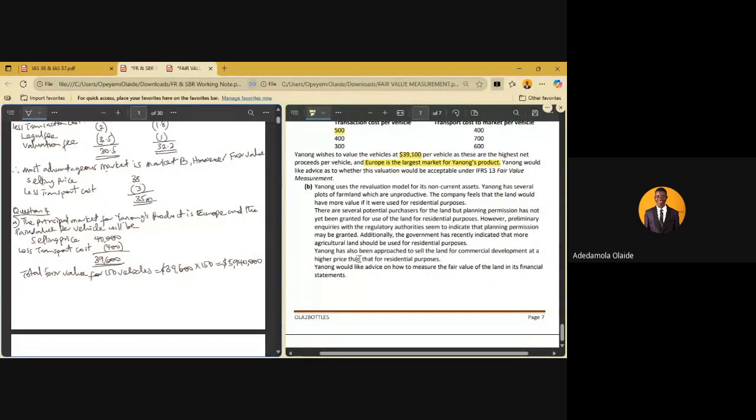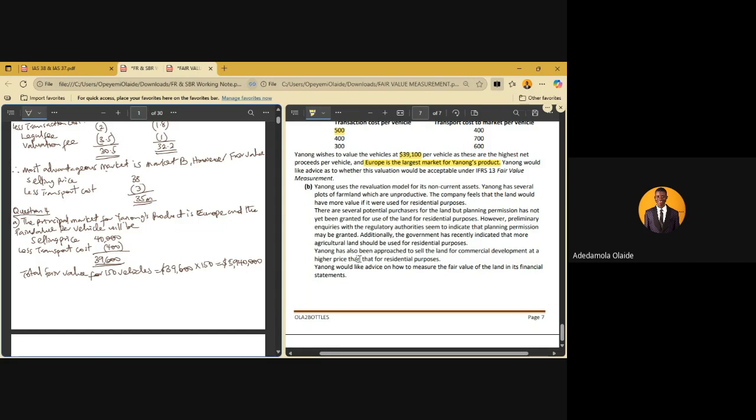So in this case, how should they measure the fair value? The fair value should be measured as if the land is used for residential purpose. Why? Because for residential purpose, it is financially feasible that they will be able to build it. Number two, it is legally permissible.